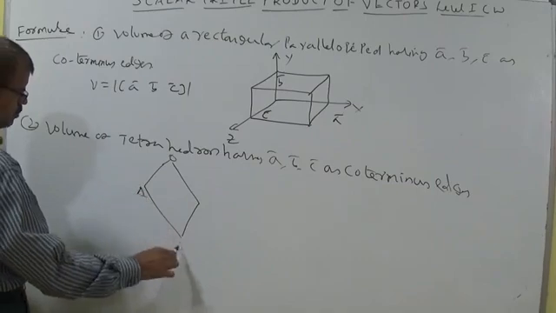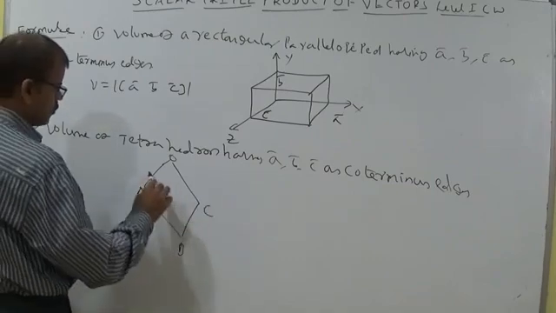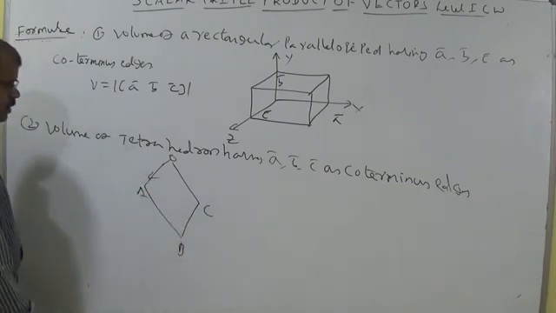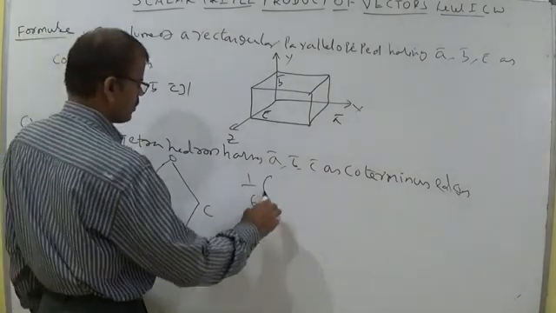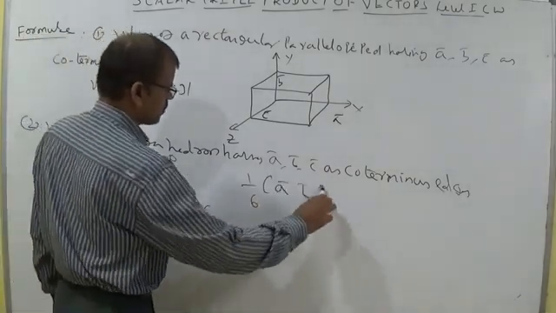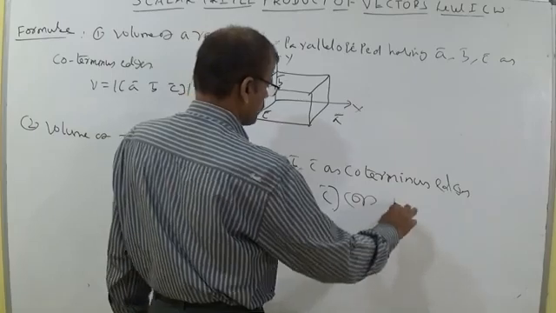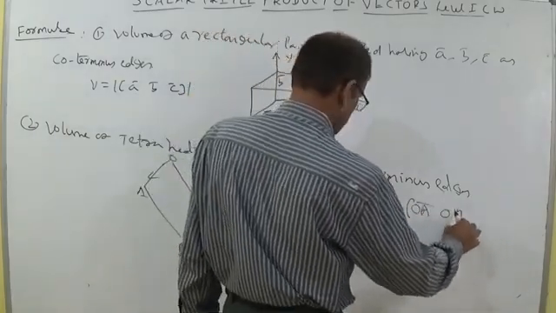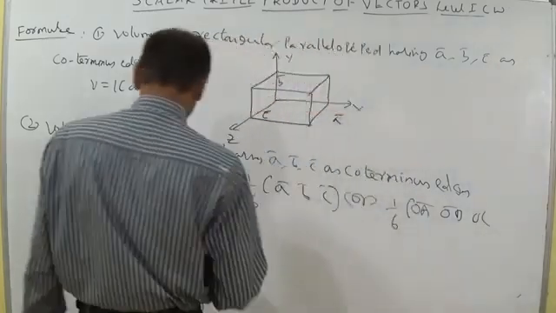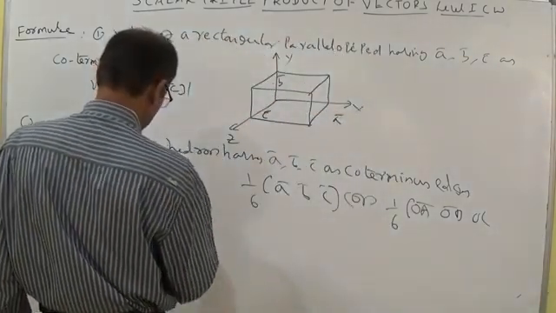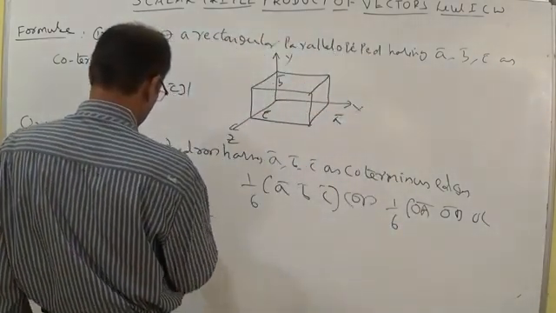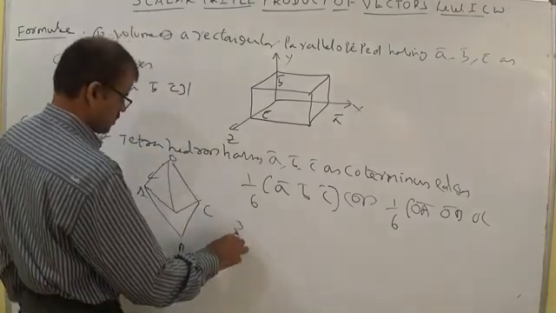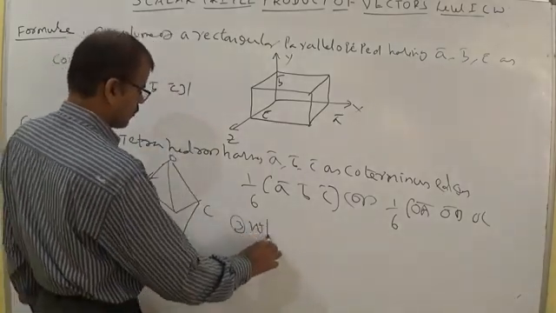Here you can put OABC like that. OA equal to A bar, OB equal to B bar, like that. This is 1/6 box A bar, B bar, C bar, or you can write 1/6 box OA, OB, OC. This is the tetrahedron.